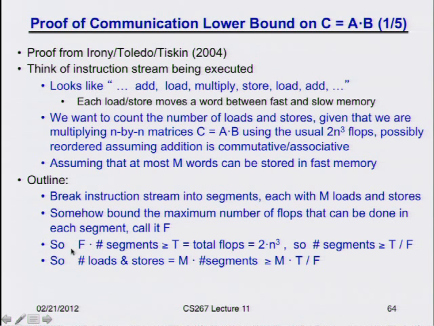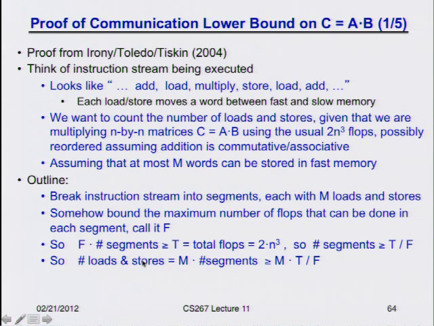Now if I multiply the most work I can do per segment times the number of segments, that's going to be bigger than the total amount of flops. That's an upper bound on the total number of flops, which, for matrix multiply, is 2n cubed. So the number of segments is bounded below by the total number of flops divided by the most work I can do in a segment.